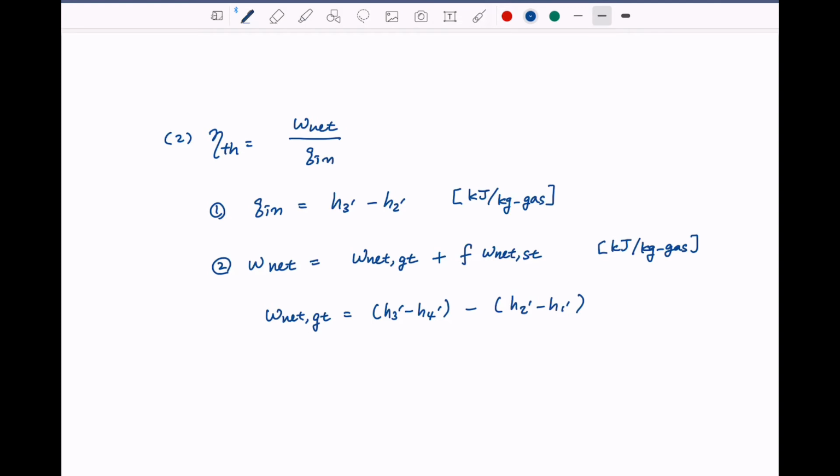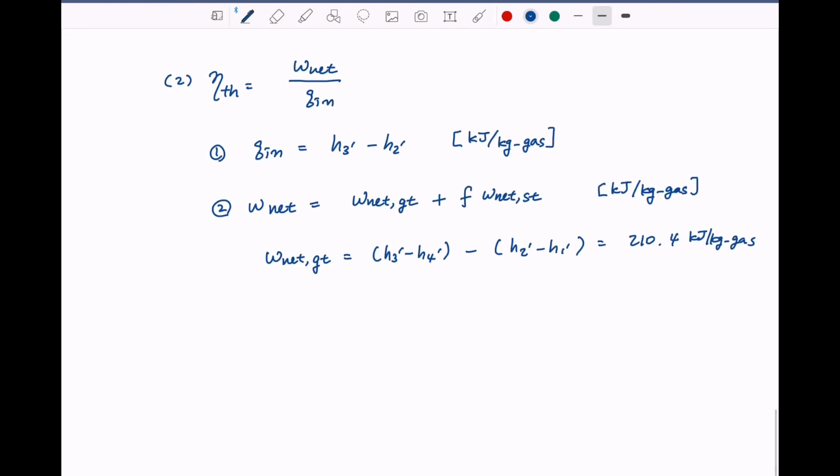Basically, we're repeating ourselves in terms of what we learned before. So again, please review the previous lecture notes to learn about how to calculate these turbine work and compressor work for the gas turbine analysis. And if you do it, then it gives us 210.4 kilojoule per kilogram gas. Okay.